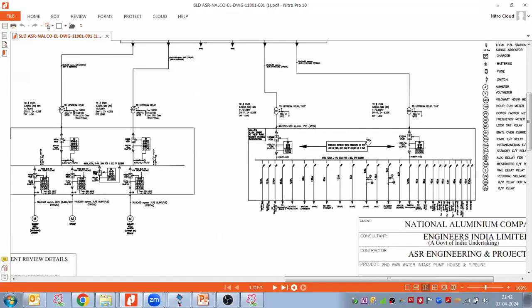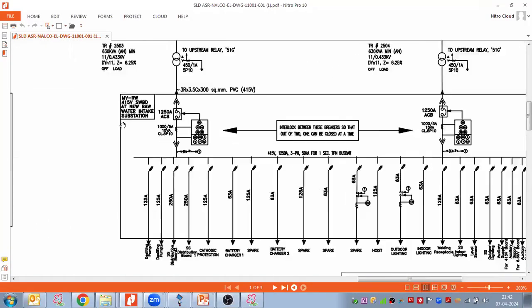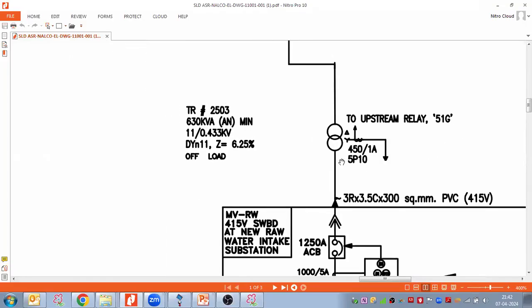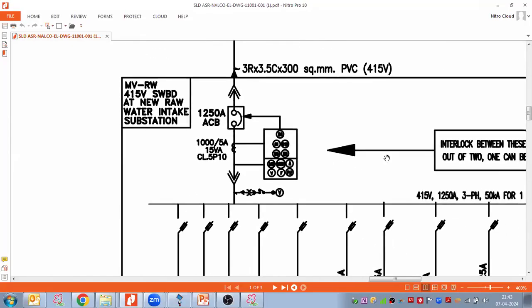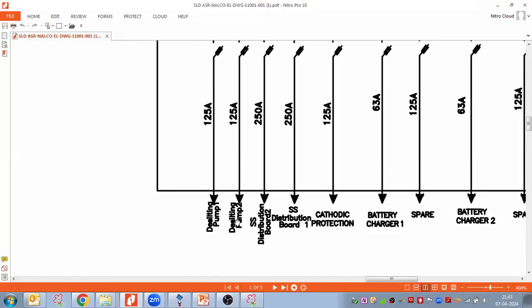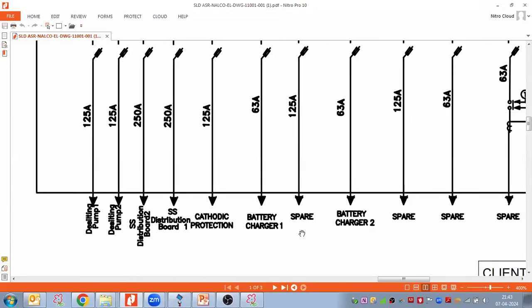Coming to this other switchboard, again they are using a transformer. They step down 33 kV to 400 volt and feed a 400 volt switchboard. In this switchboard we have small pumps, sub distribution boards, cathodic protection, battery charger, spare.